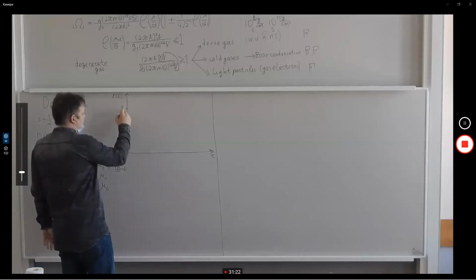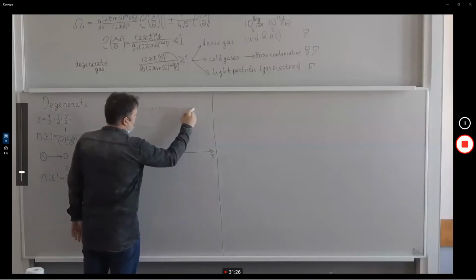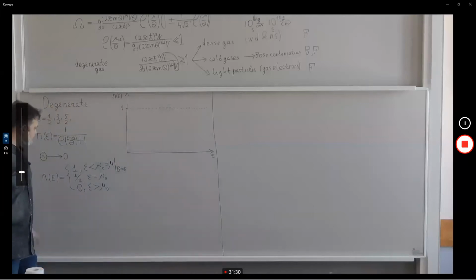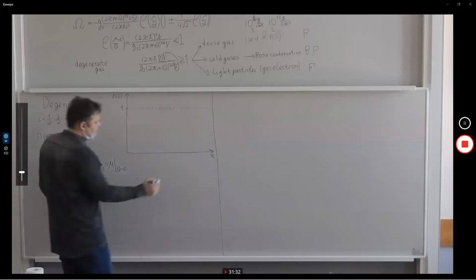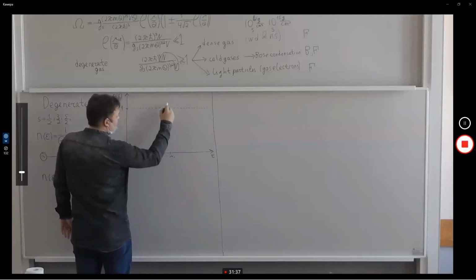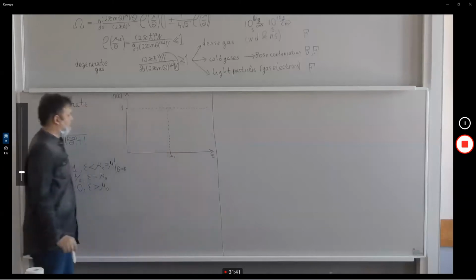I put the unit here. And please write the line n equals 1. And mu sub 0 is a certain value of energy.